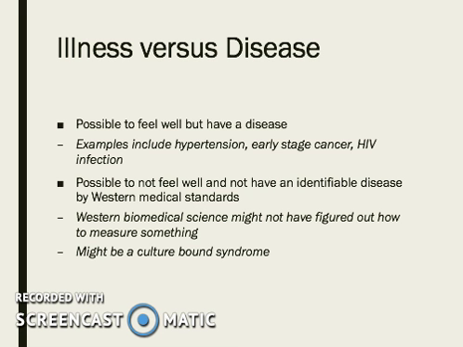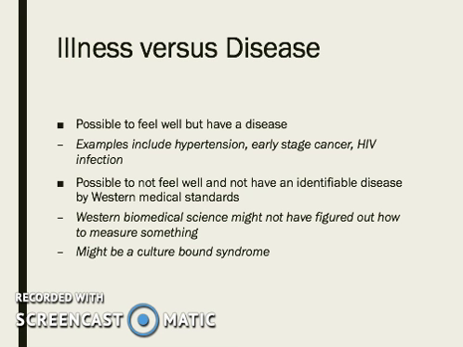Although both of these can be the case, there are several other explanations for this occurrence. One possibility is that Western biomedical science has not yet figured out how to measure something. Recent examples of this include anxiety attacks and chronic fatigue syndrome. Both of these were labeled psychosomatic at one time and now have measurable deviations from a biological norm.